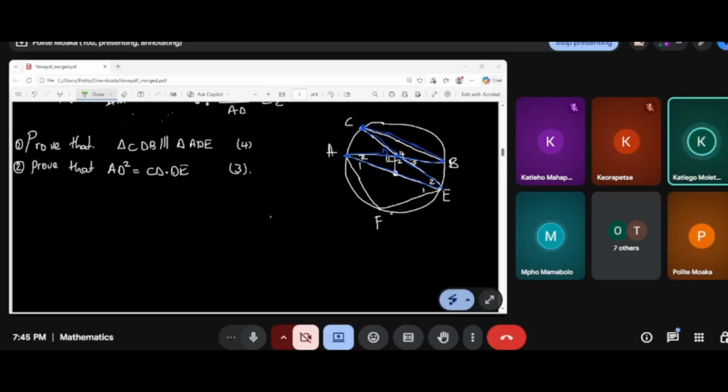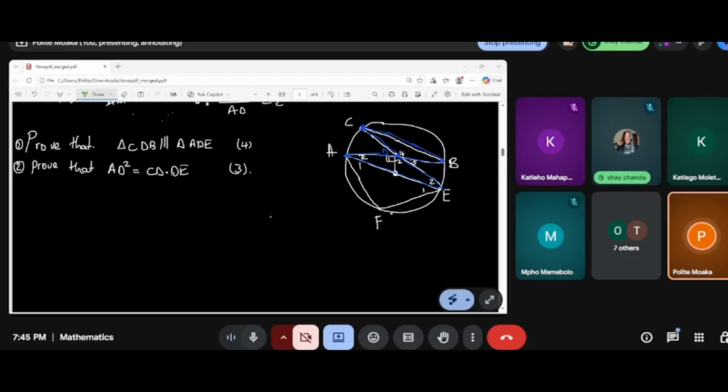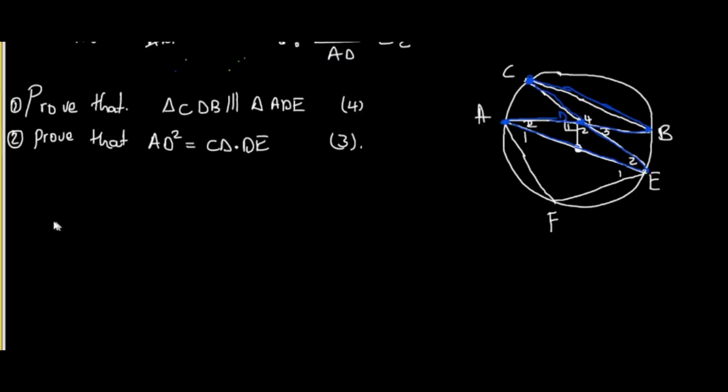C1 I think equals A2, angles in same segment. C1 is equal to A2. Yeah, angles in the same segment. Okay, I'm just gonna write that angle C is equal to angle A2. Let me explain how this learner got that. Remember this arc AE.